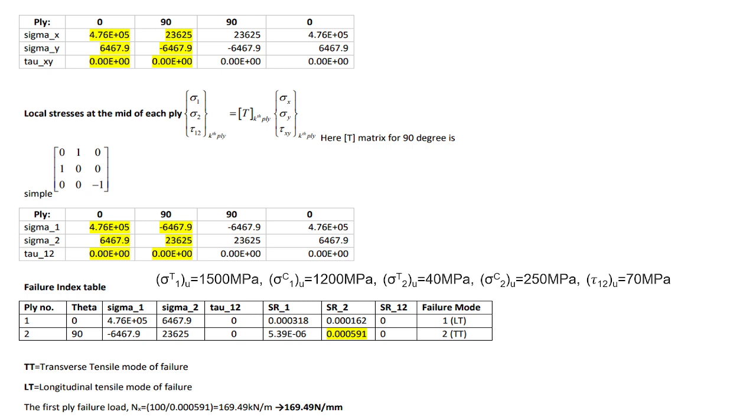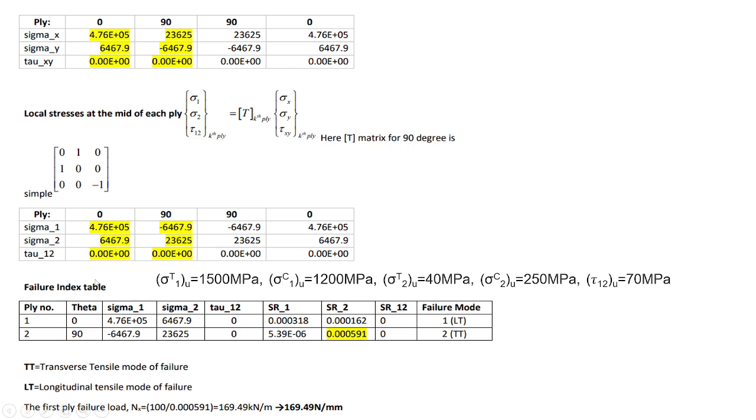Now, for the conditions given in the question, we have to find the stress ratio by comparing to the strength parameters that are given in the question. So first, for 0 degree lamina, the stress ratio for sigma 1 will be compared to the sigma 1 ultimate.